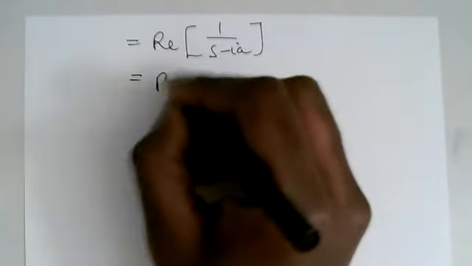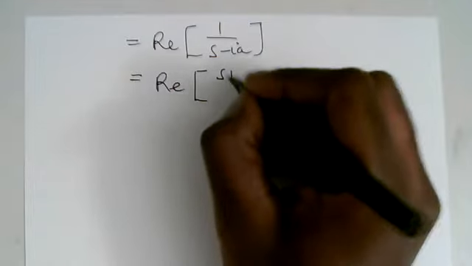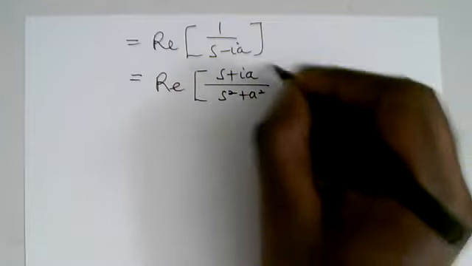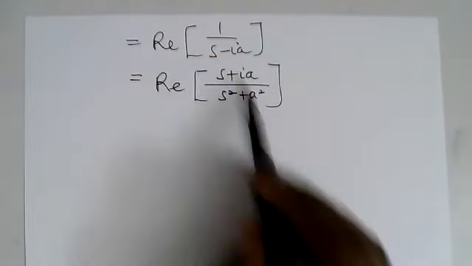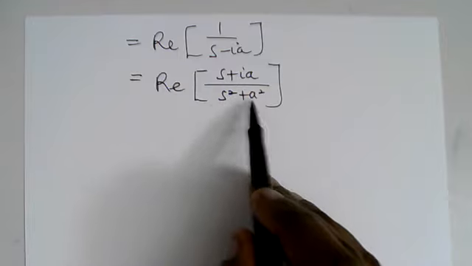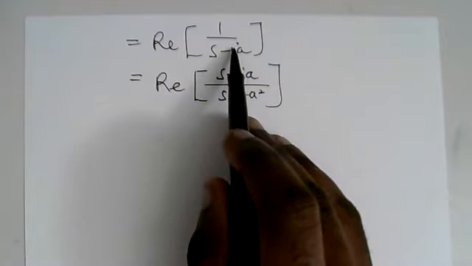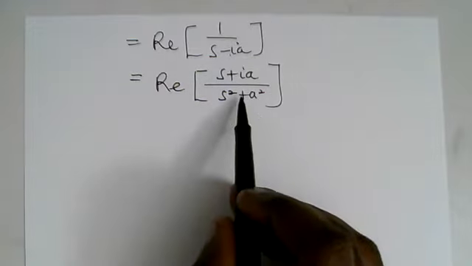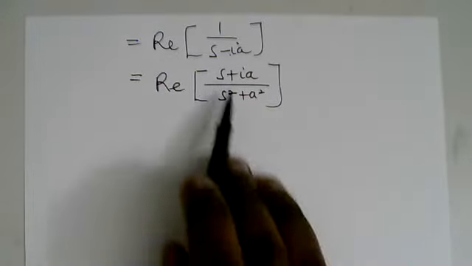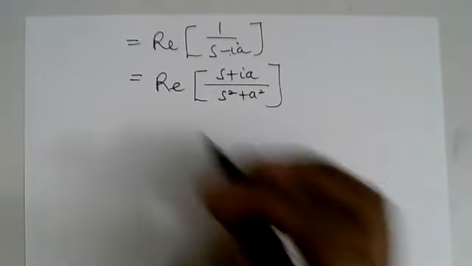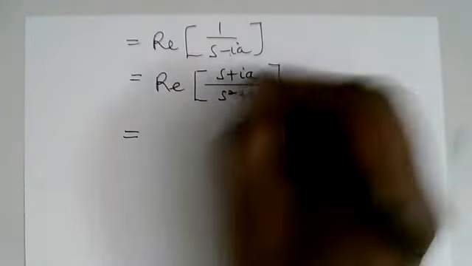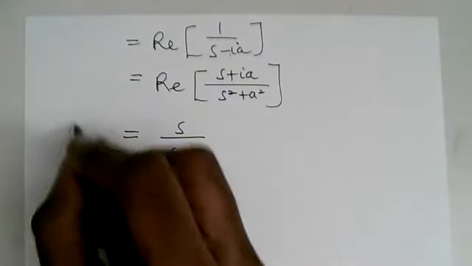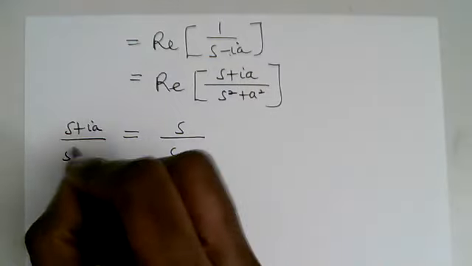This becomes the real part of s plus ia over s squared plus a squared.